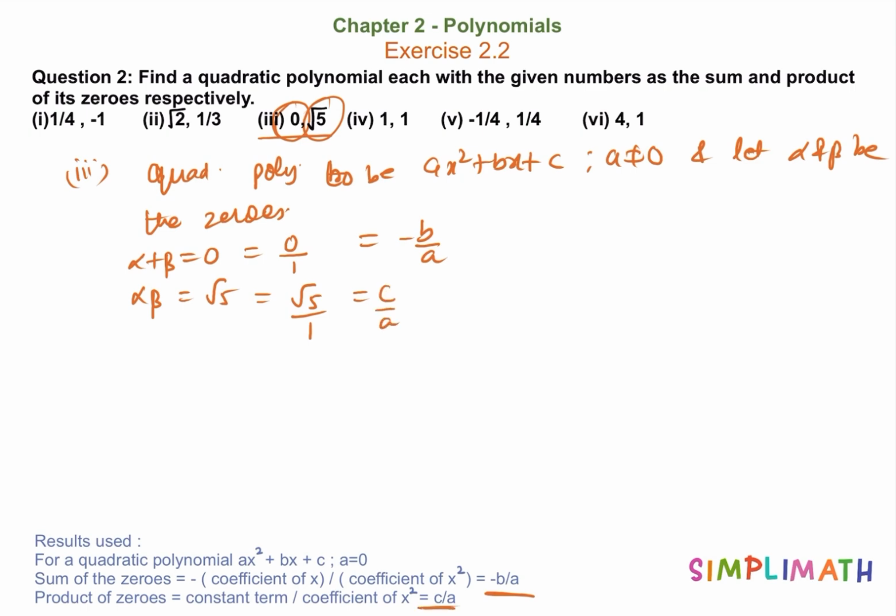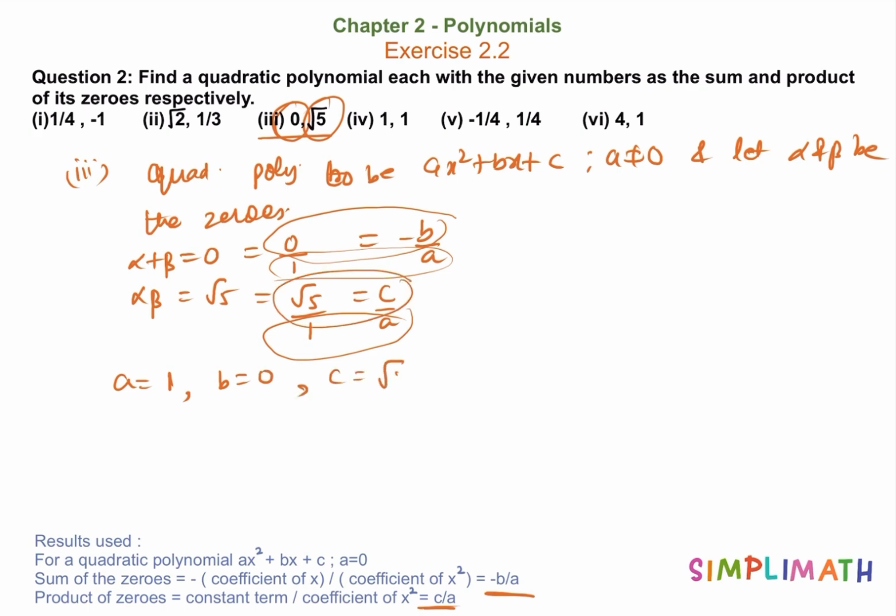Right? In both the cases, a is equal to 1. So I can say a equals 1, minus b equals 0, so b equals 0 and c equals root 5.